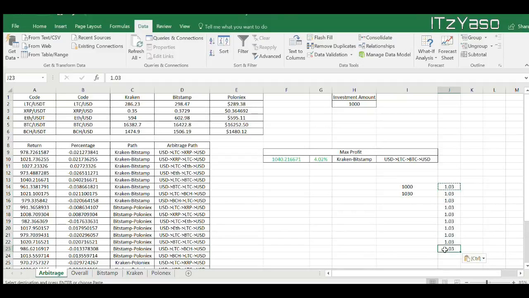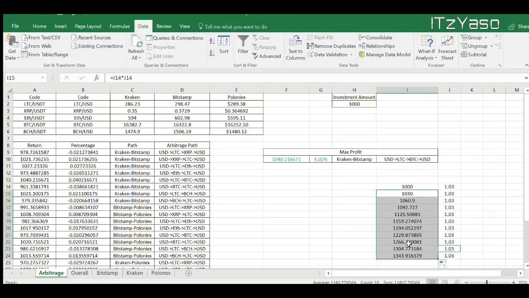If you do 10 of these arbitrage transactions, on average you're going to increase your initial investment value by $1,350, or increase it by $350 to $1,350.